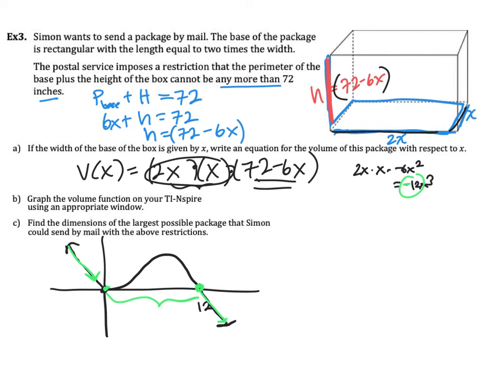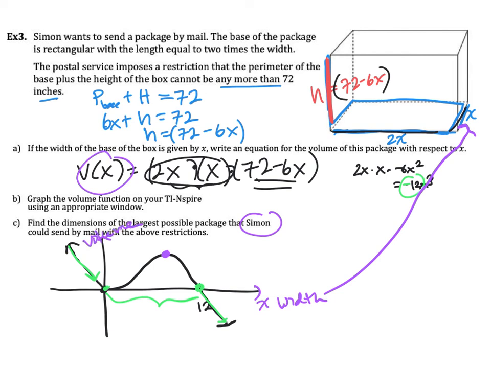It says, find the dimensions of the largest possible package that Simon can send. So what does my x-axis represent, right? That represents the width this time. And my y-axis always represents the volume.